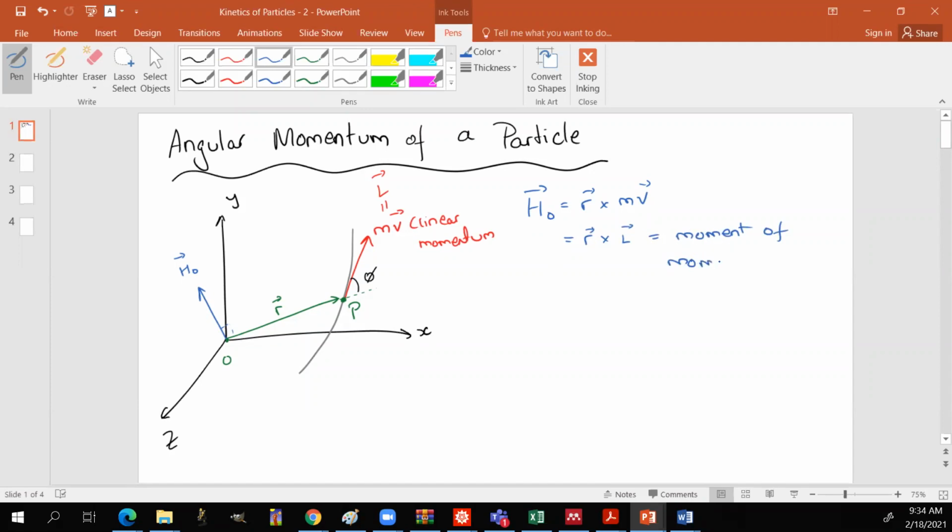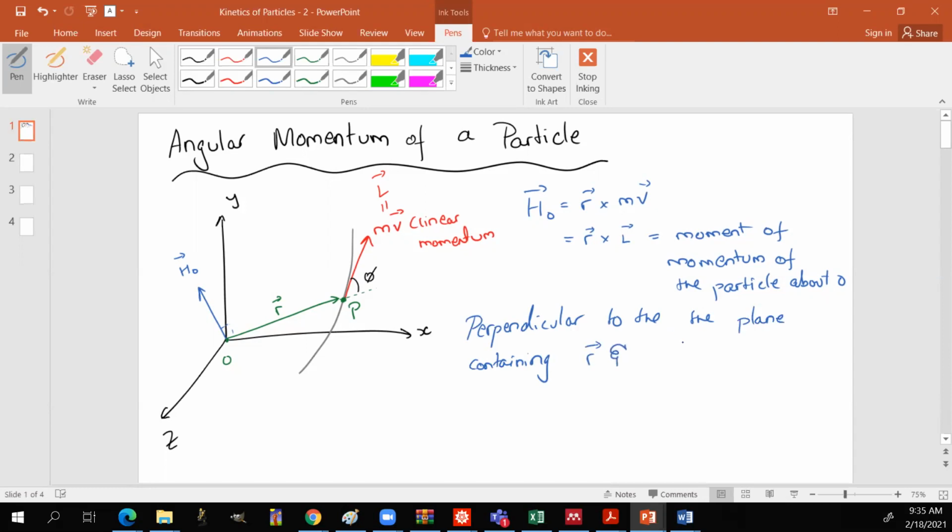It's the moment of momentum of the particle about the point O. And clearly my drawing skills are terrible, but it is perpendicular to the plane containing your position vector r and your linear momentum mv.